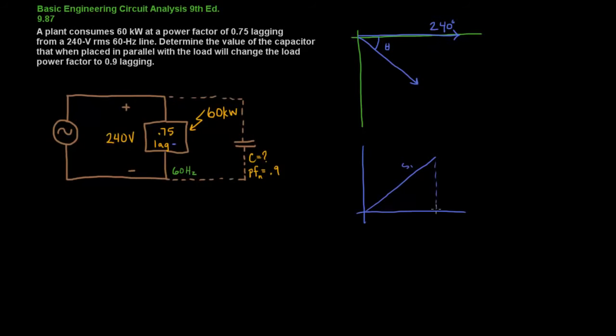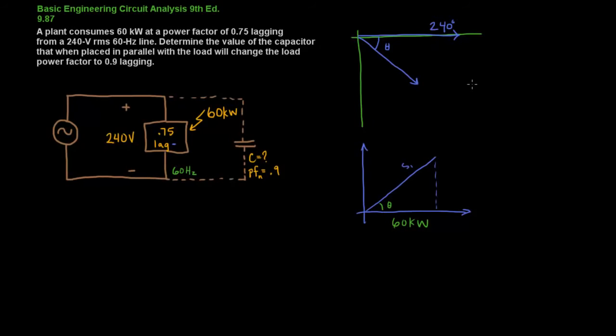So here's our complex power, also on a complex plane. And I happen to know already that this is 60 kilowatts, and I know that the angle theta is the same for both of these. And I could calculate that angle, right?